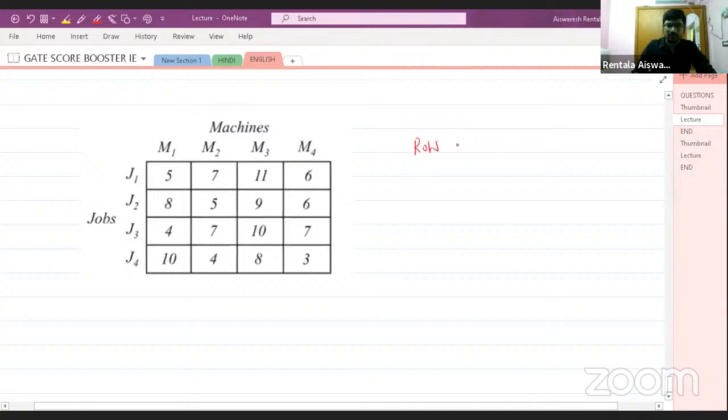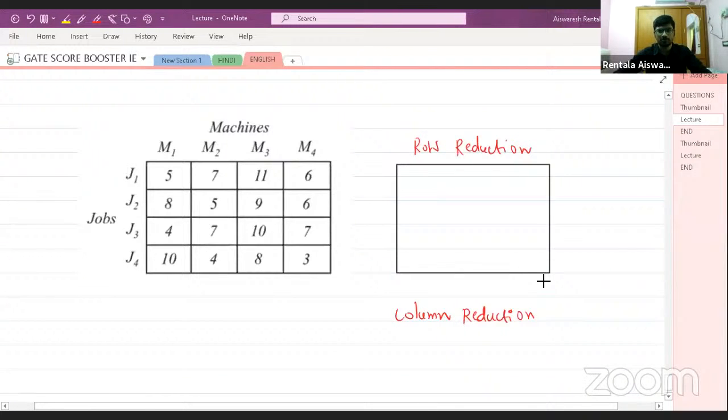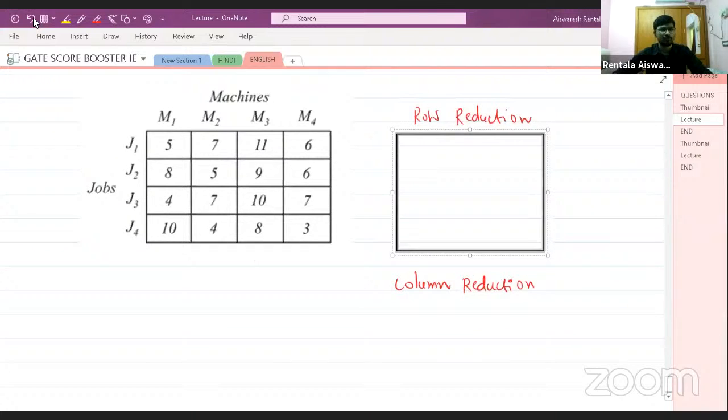Let me start with row reduction first, and then comes column reduction. Let me take a table.